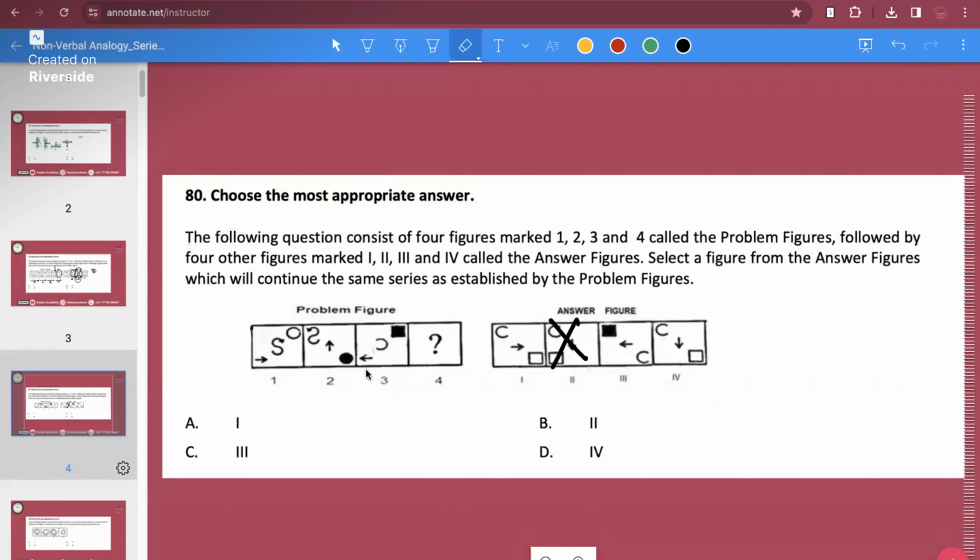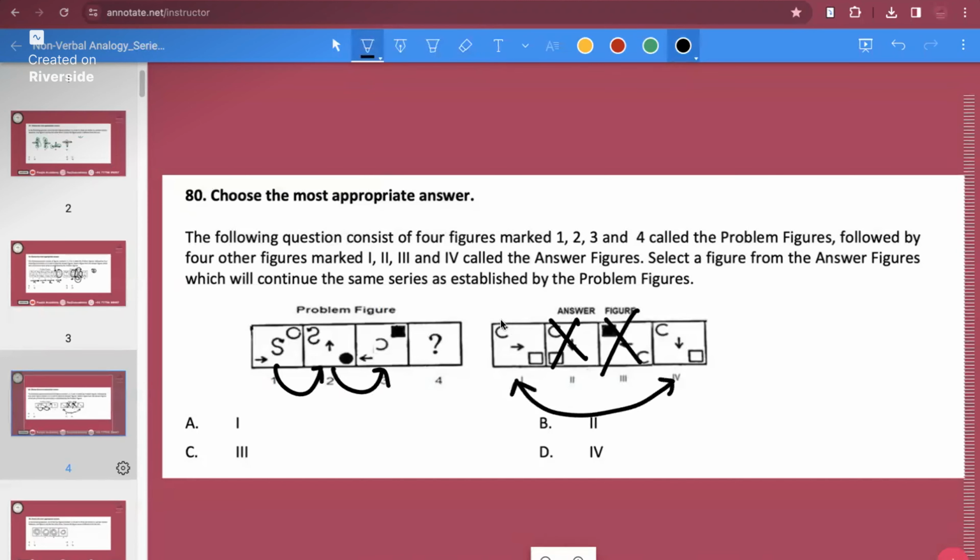Okay, so in every figure a new type of element is coming into the picture, right? So we can also eliminate option 3 as well, because all the elements are pretty much the same, right? And now let's compare option 3 and 4.